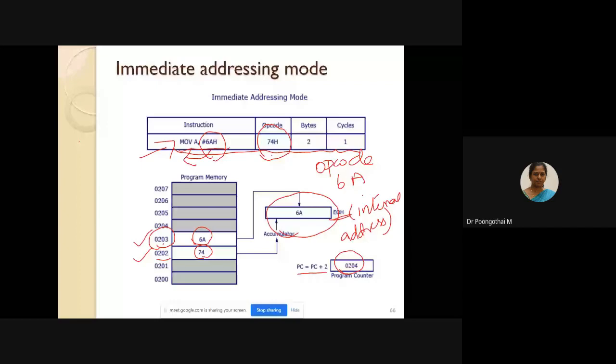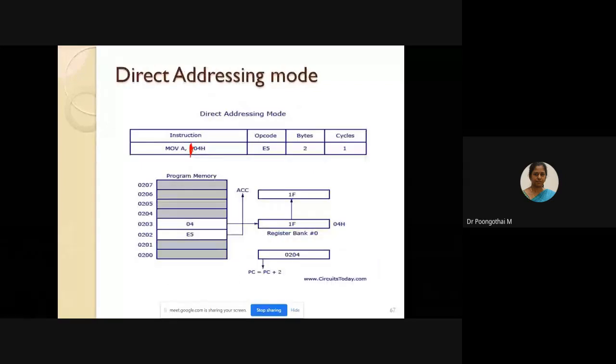Suppose the symbol is absent, then the 6A is taken as an address. So that is the concept. This symbol is for indicating this is 8-bit data. If the symbol is absent, it can be considered as an address, that is, the hexadecimal value would be taken as an address. Is that clear?